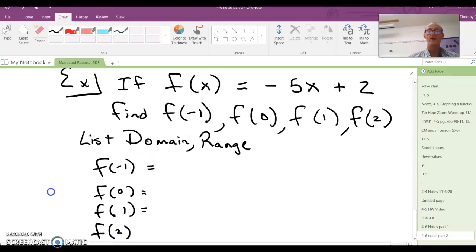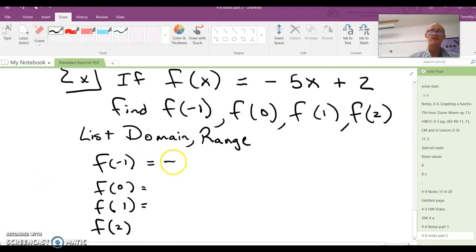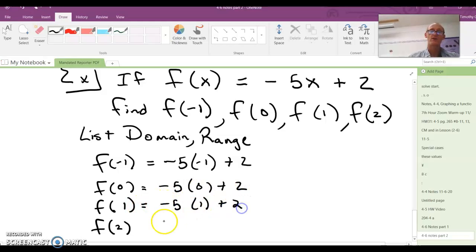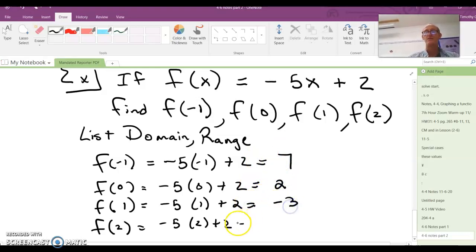F of negative 1 is negative 5 times negative 1 plus 2. F of 0 is negative 5 times 0 plus 2. F of 1 is negative 5 times 1 plus 2. And f of 2 is negative 5 times 2 plus 2.